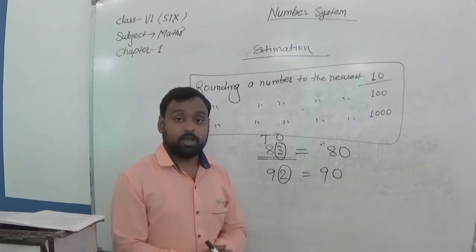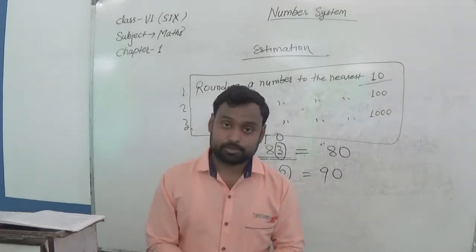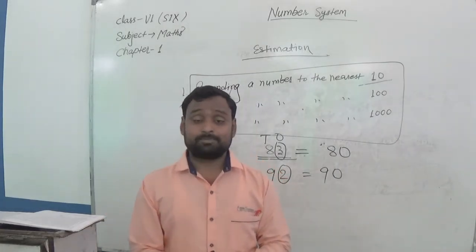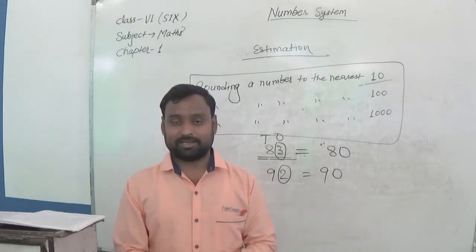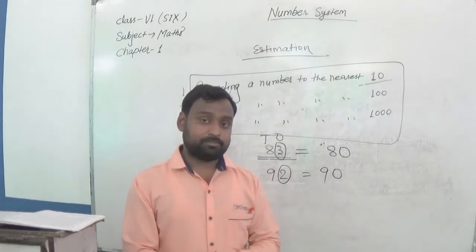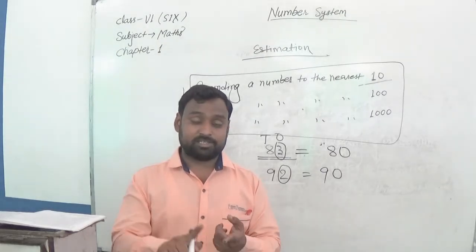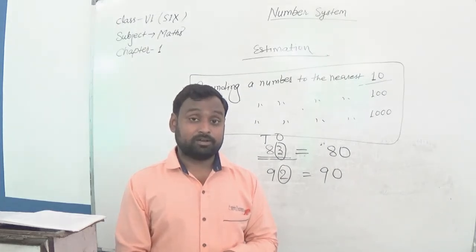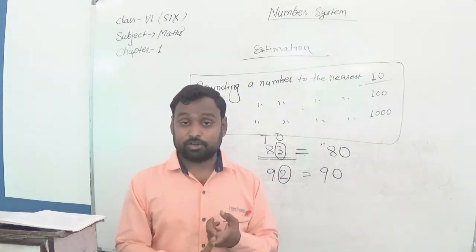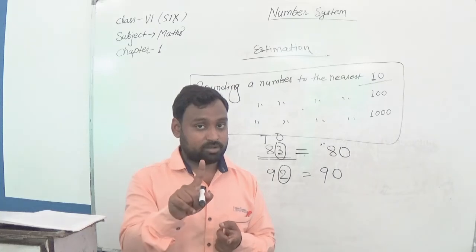Listen carefully. When the digit at the ones place is 5 or more than 5, in that case increase the digit at the place of tens by 1.